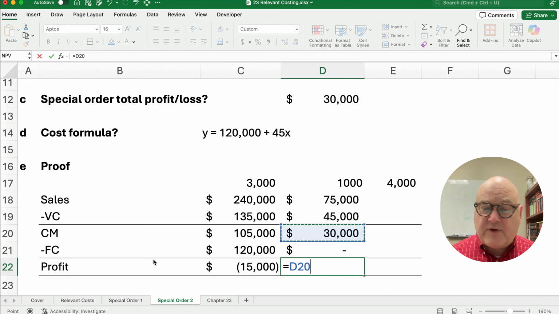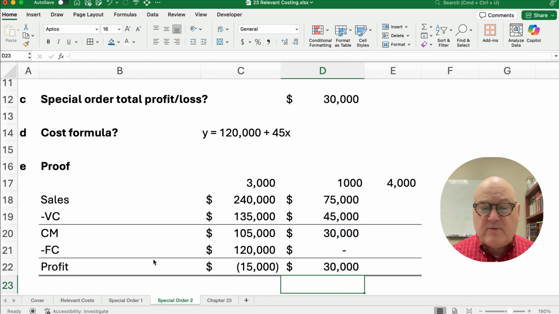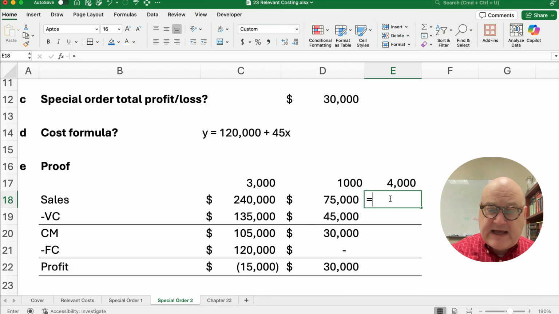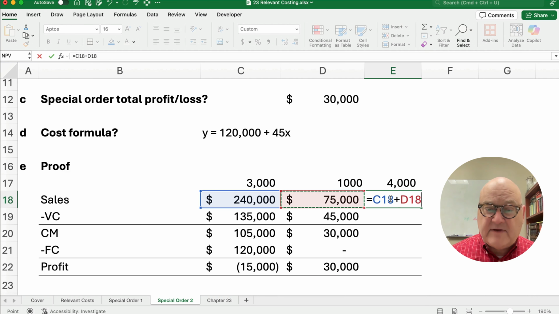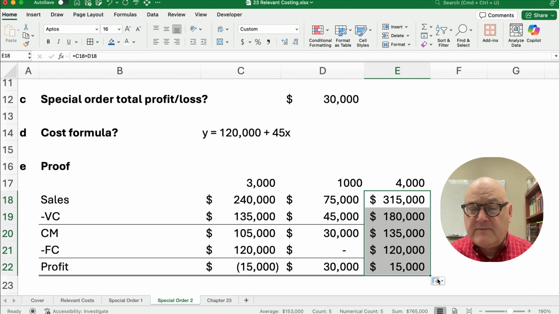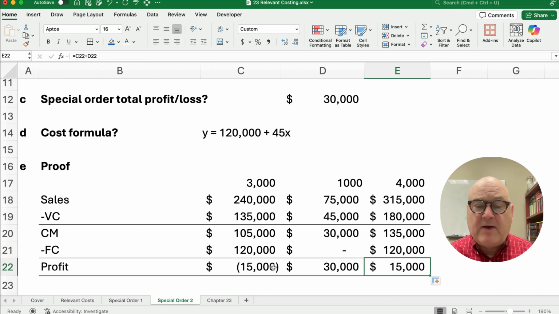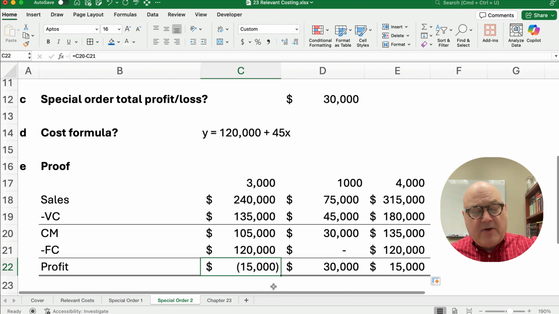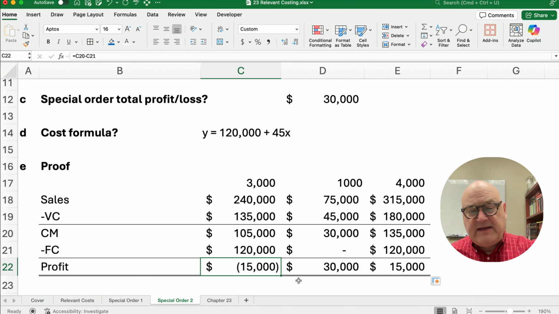And so therefore 30 minus 0, we're making a positive 30,000. And so what will happen is we'll just add this up, 240 plus 75, then all the way down. So we would come out of the loss of 15 with a positive $30,000 profit.